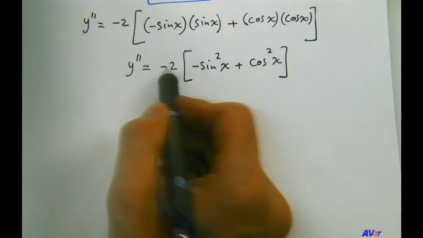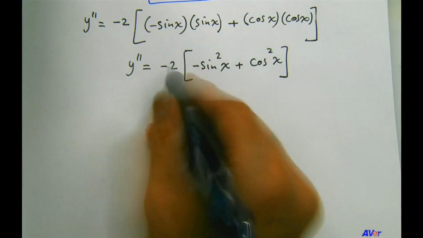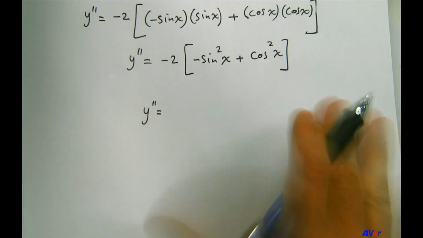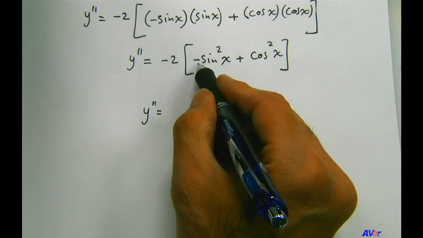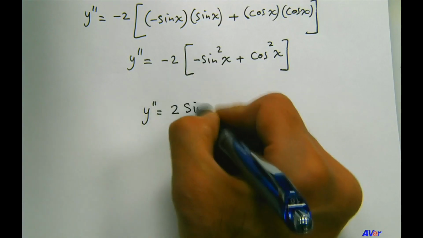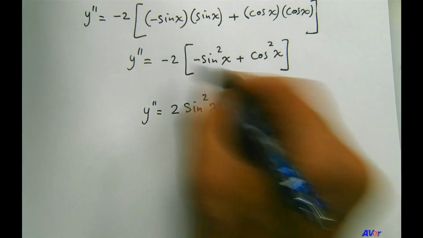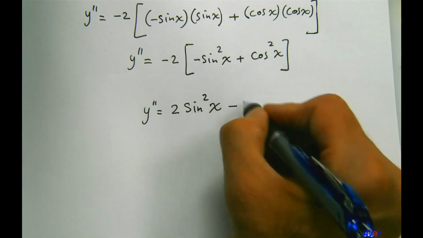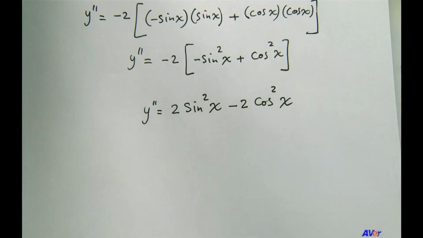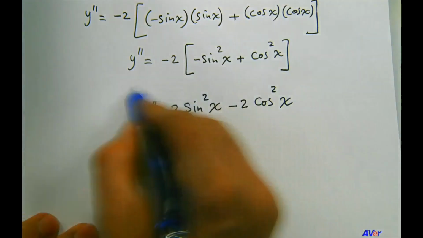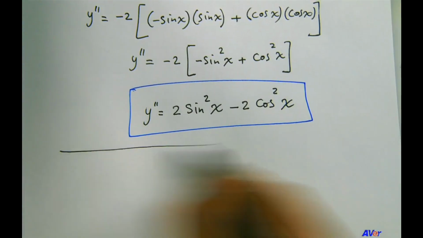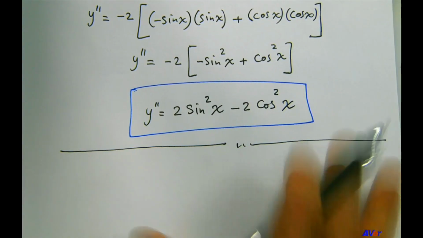Okay, and we can distribute this. We don't have to keep this in factored form. So y double prime is equal to minus 2 times that is positive 2 sine squared x, minus 2 times that is minus 2 cosine squared x. Like that.